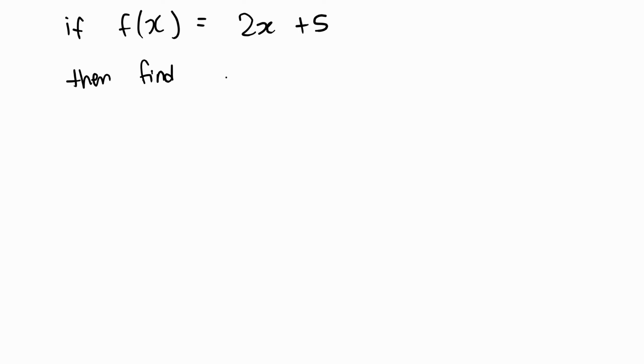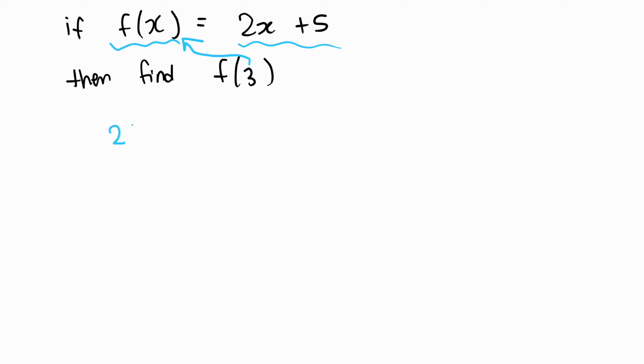Let's take a look at another example. We're going to do a bunch of examples. If f of x is equal to 2x plus 5, then find f of 3. This is telling us that the value of x is 3.